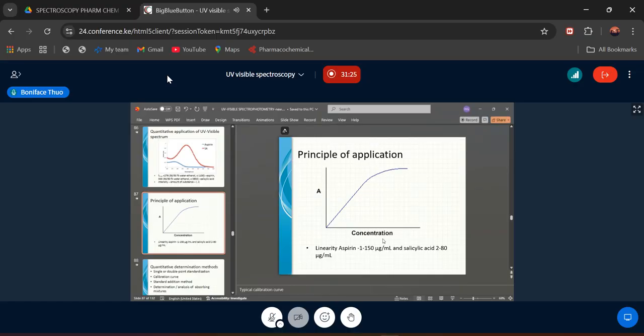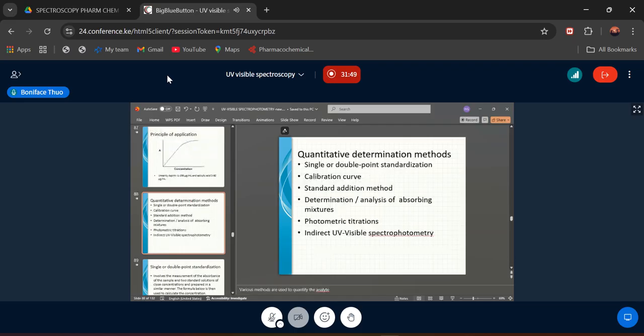So that tells you that the absorbance will be linear for aspirin over a wider range of concentration compared to that of salicylic acid. And for quantitative determinations, we always use the linear portion of the absorbance curve.